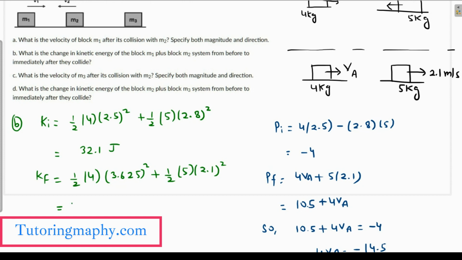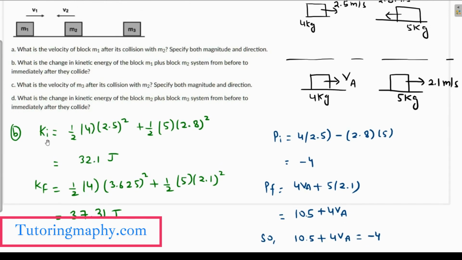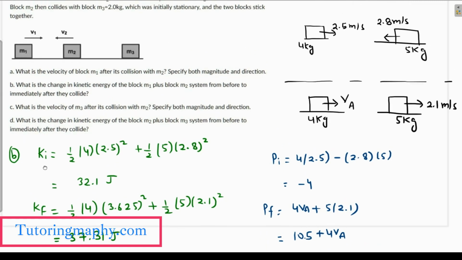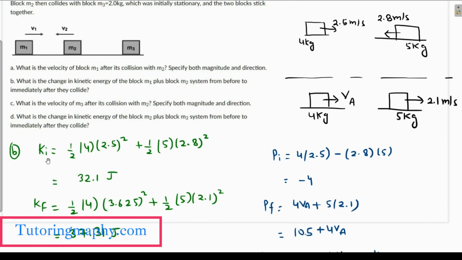So this is coming as 37.31 joules. That's how the kinetic energy of the final combination is going to look like.